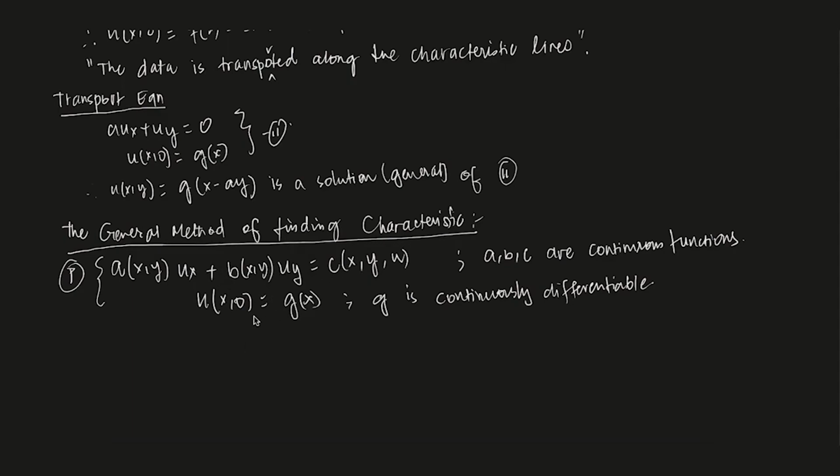Now we are given additional information that we want our u to satisfy: at the point x0 it should look like g of x. So let's write the characteristic equation, but first, we want to find a surface.